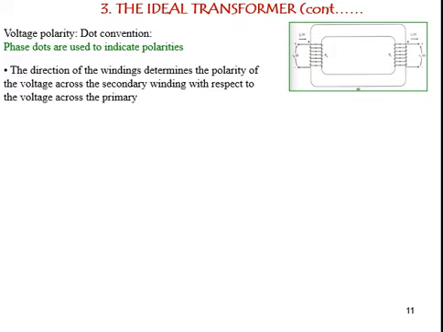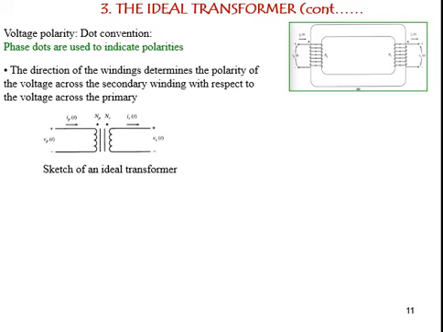What is the voltage polarity? Maybe you have seen earlier that there is a dot in the symbol. As you can see in the sketch of an ideal transformer, there are two dots on the top of the two windings.